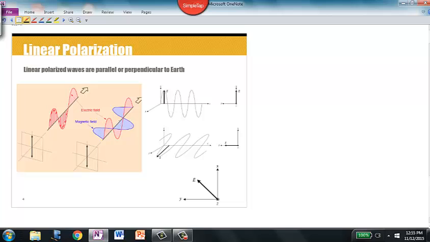Perpendicular means it's intersecting the Earth at a right angle. If the ZY plane represents the surface of the Earth, in vertical polarization, the electric field arrow points perpendicular to it. So this is vertical.